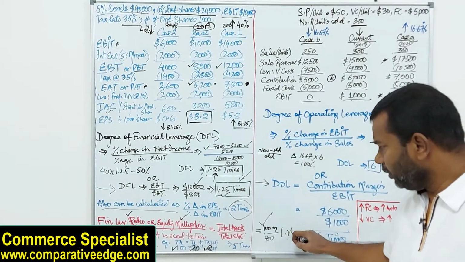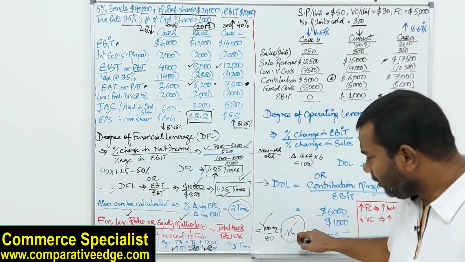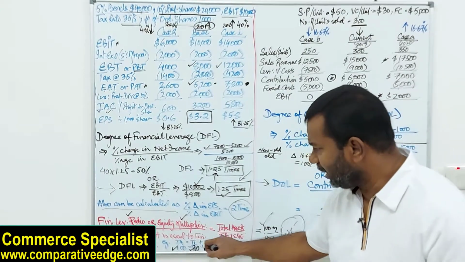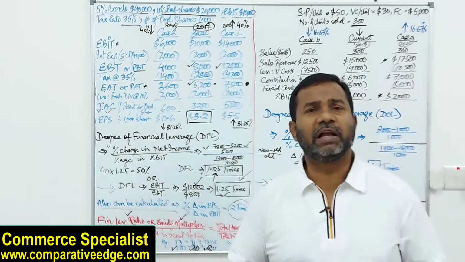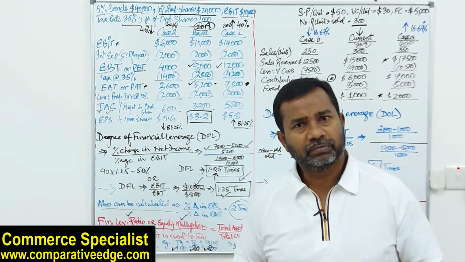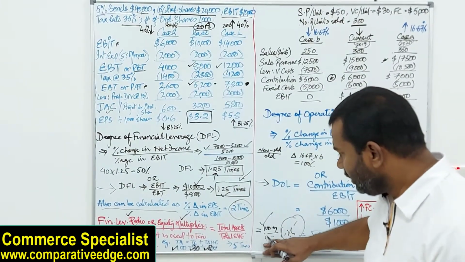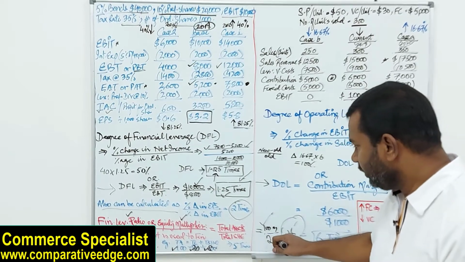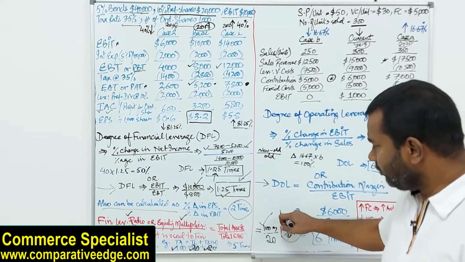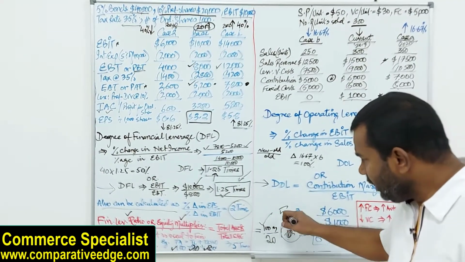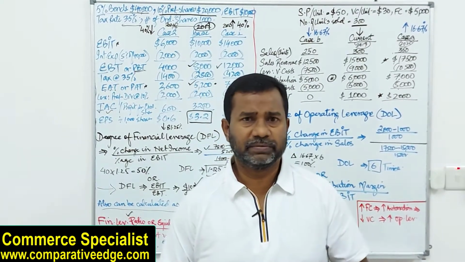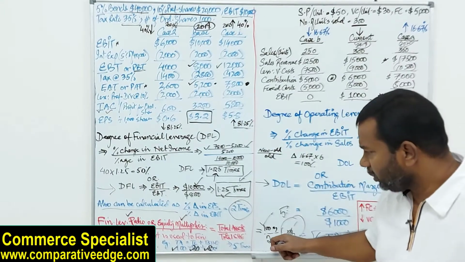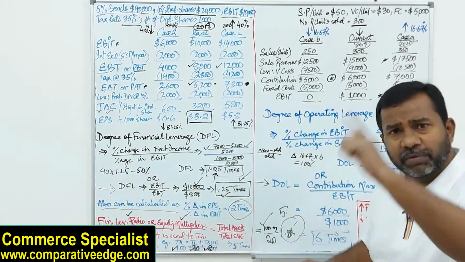So it will come to 1.25. 1.25 means if shareholders equity is 80, that means debt is low. So a low equity multiplier simply means that the company is safe. If you have, for example, shareholders equity is 20, then obviously this will come to 5. A high equity multiplier means that the company is using more loans. Why? Because shareholders equity is 20. That means the 80% is debt.